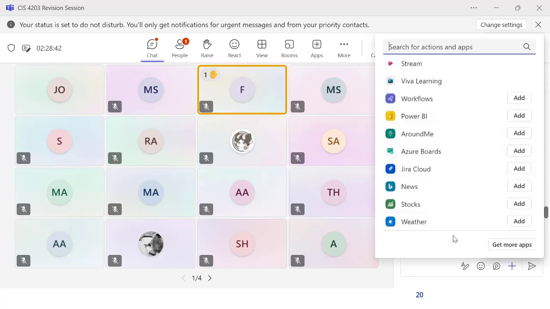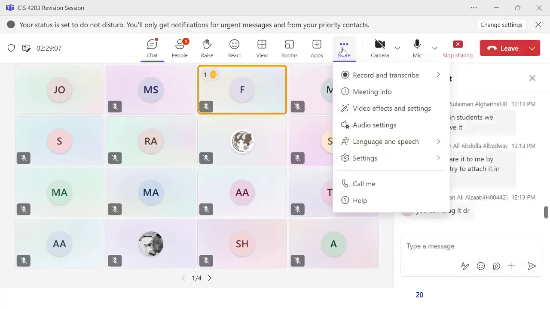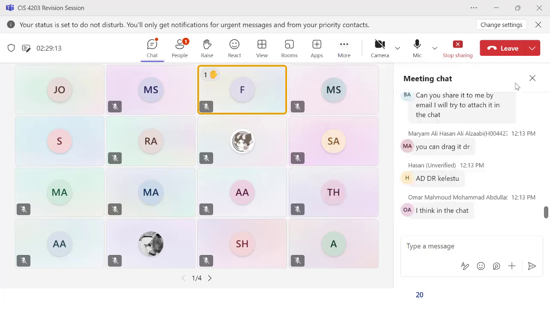It's been strange, because it would have been easier for me to send it on this chat. Dr. Mohammed, you have any idea? I don't know what has happened, because usually I'm able to attach documents. There's no way of attaching a file. Usually it should be available, but it's not there.